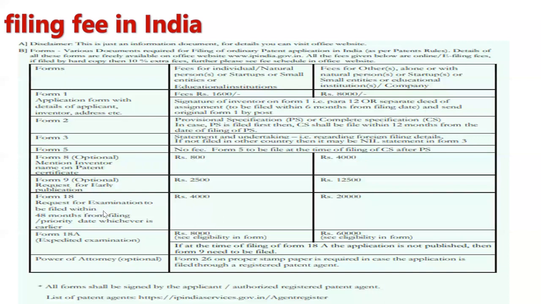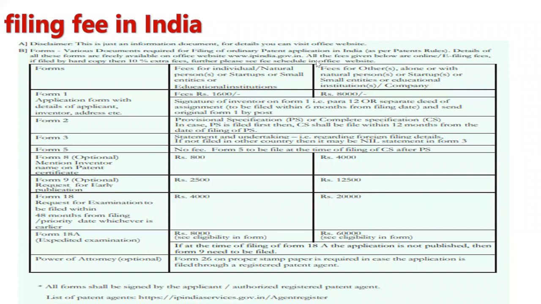If you want to request for examination, then you have to give 4000 rupees. So different charges are there at the time of filing. At first instance, if I am filing in the individual category, I feel that okay, total 5600 I have to pay.